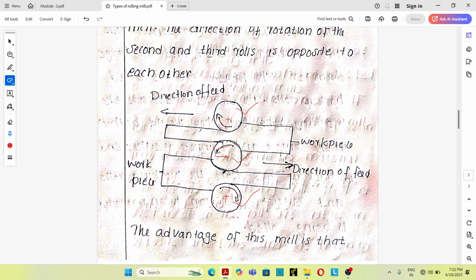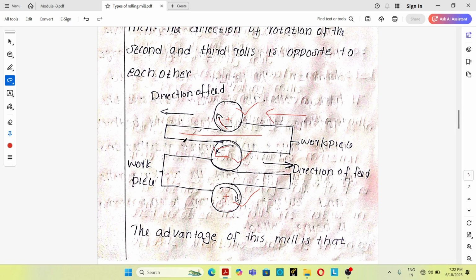What is the main advantage of a 3 high rolling mill? Work material can be fed in one direction between the first and the second roll, and the return pass can be provided between the second and third roll. So you can see that in the first pass we have the first roller and second roller.